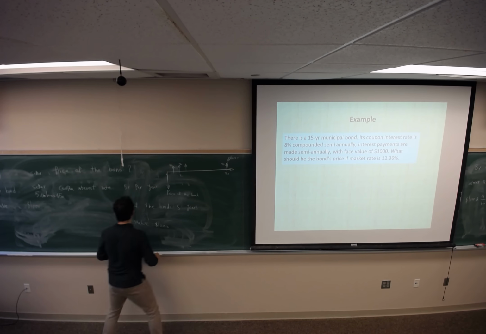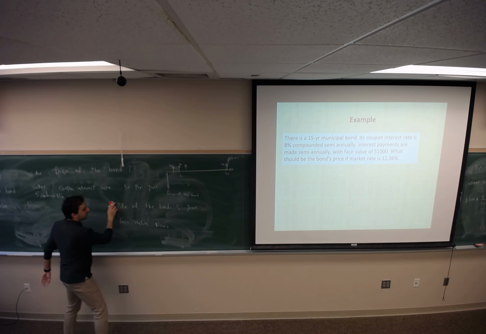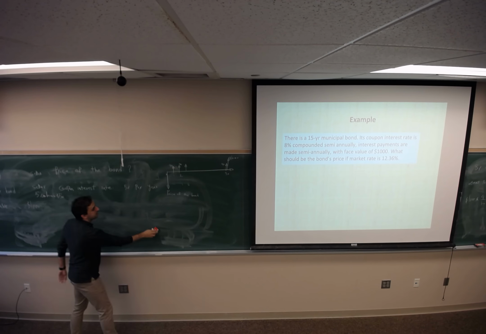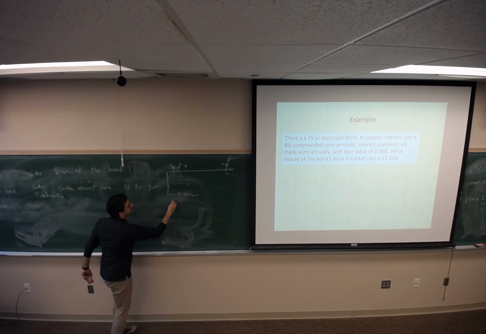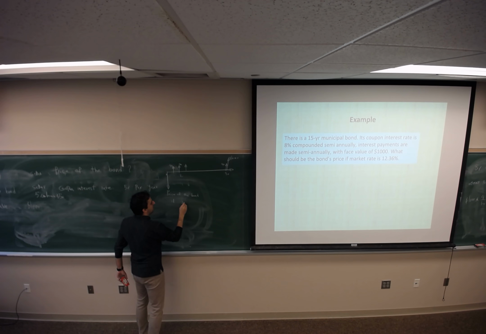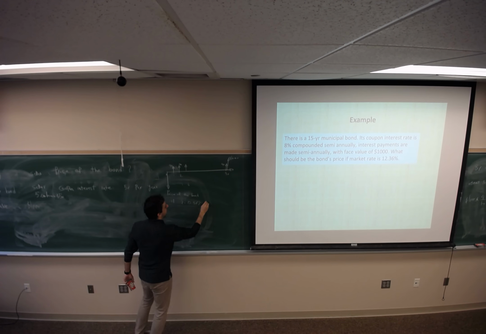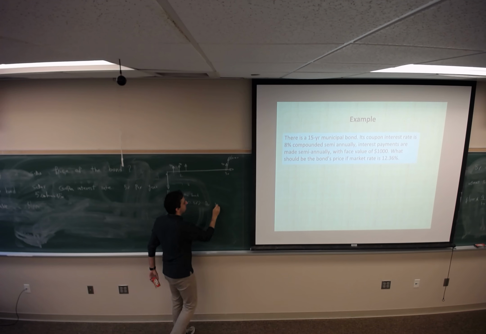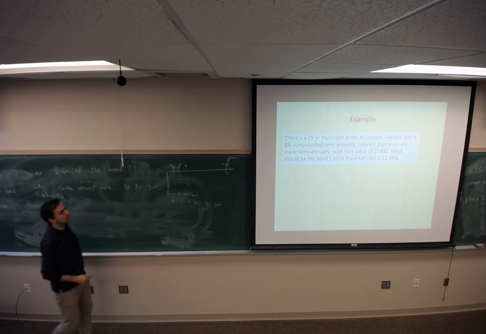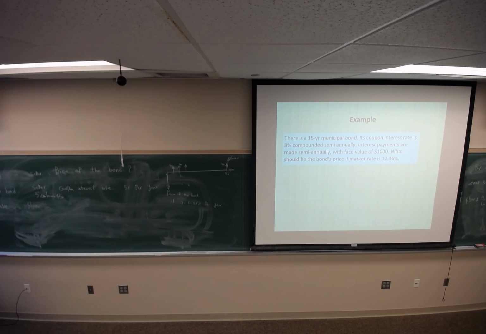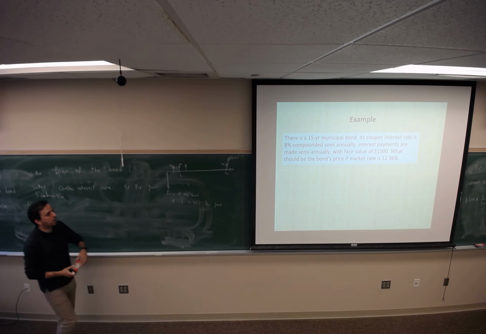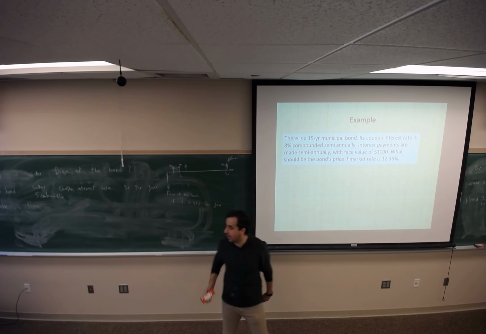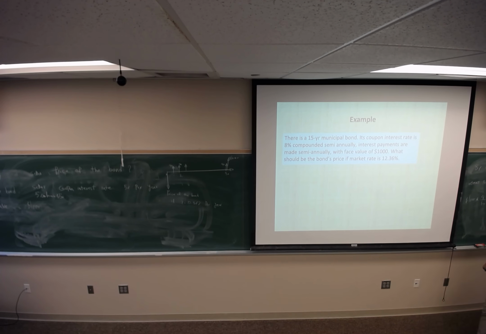The question is, what should be the price of the bond if i is 12.36% per year? Or I can say how much you are willing to pay if the interest rate is 12.36% in the market.